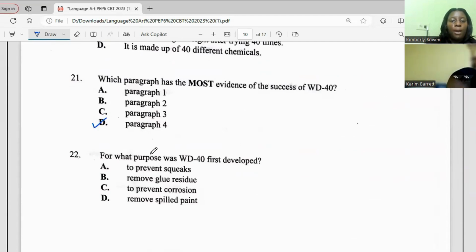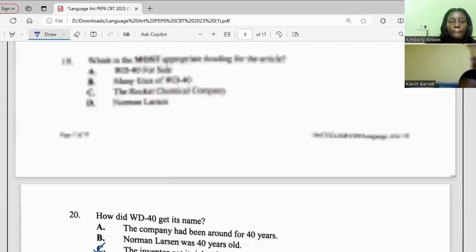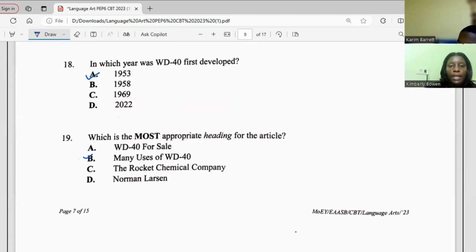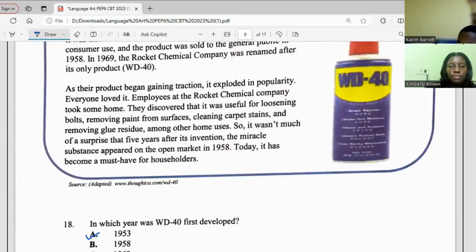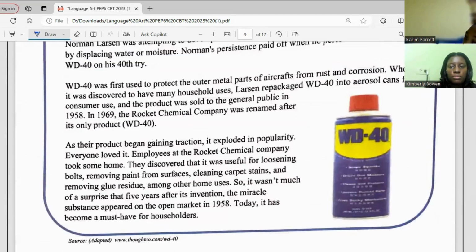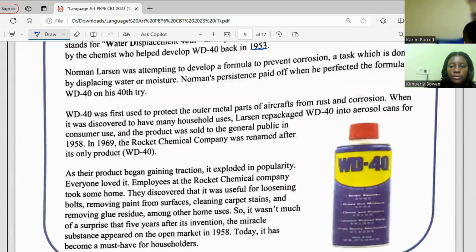All right, for what purpose was WD-40 first developed? To prevent squeaks, remove glue residue, prevent corrosion, or to remove spilled paint. Go ahead, Karim. Your hand is raised to answer the question.